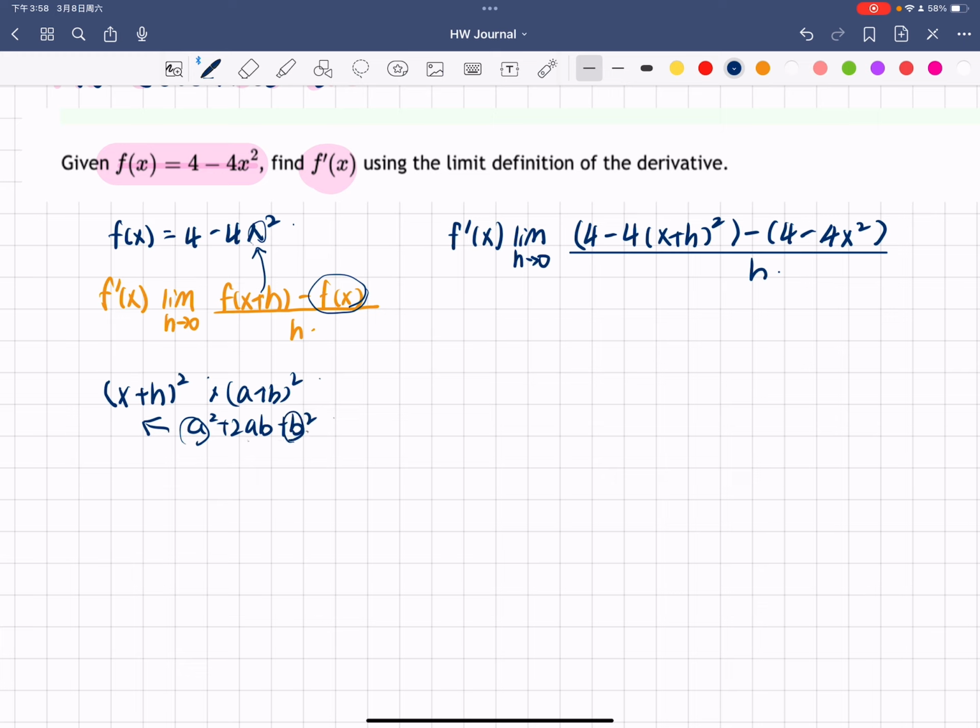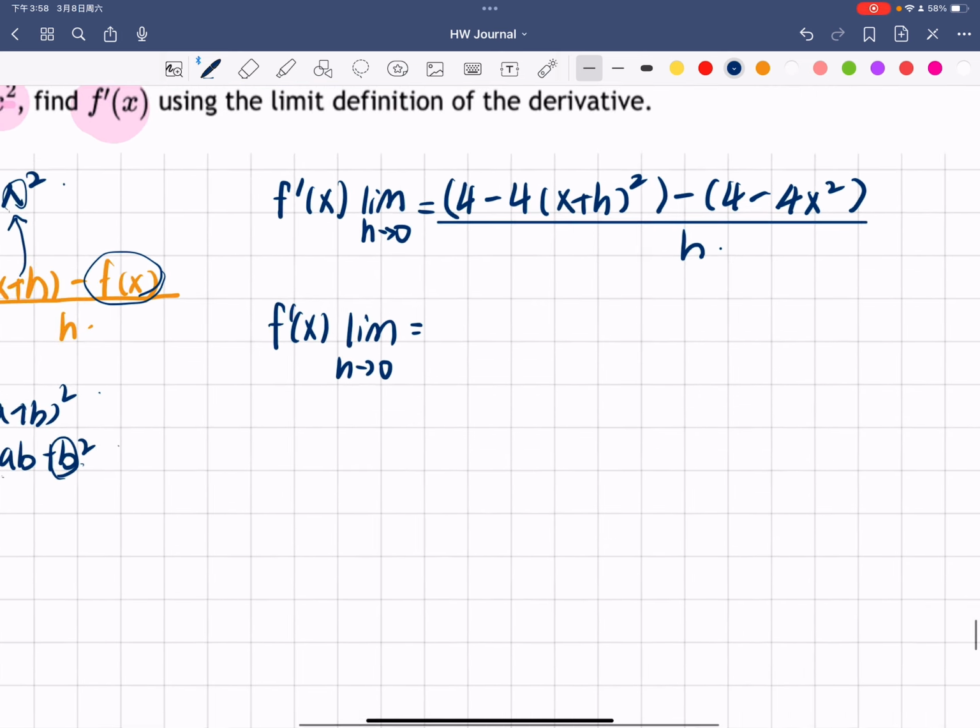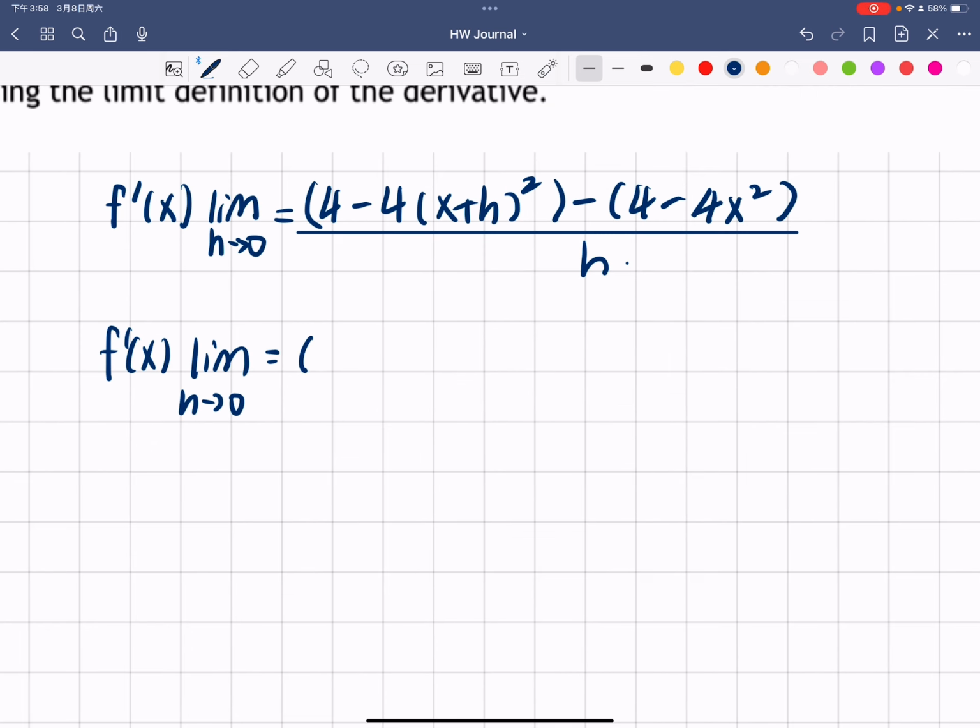Okay? So next is going to be f prime of x, the limit. Remember to write these little details so we can make our solving process a little bit more neat and clean. So 4 minus 4 times (x squared plus 2xh plus h squared) minus (4 minus 4x squared).